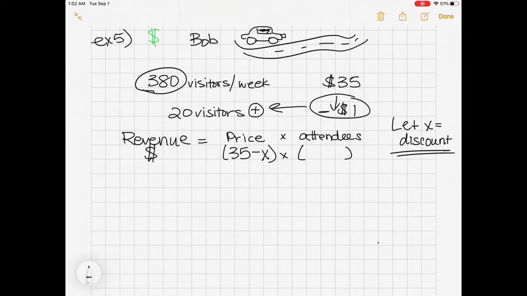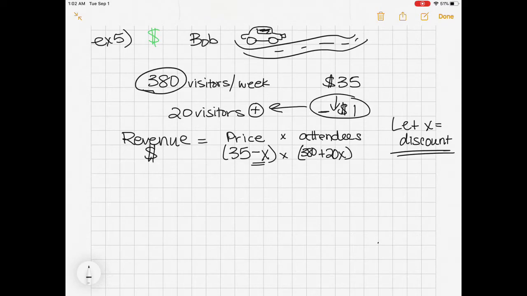Right now, normally we have 380 attendees, and as we subtract every dollar here, we add 20 more people. So for every $1 in price, we add 20 attendees.